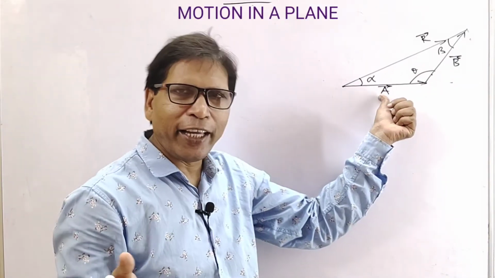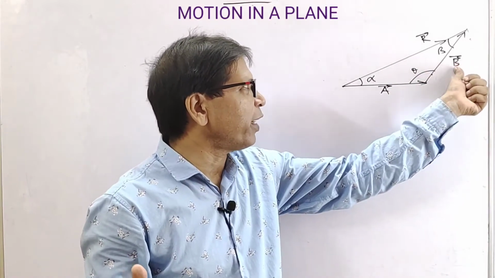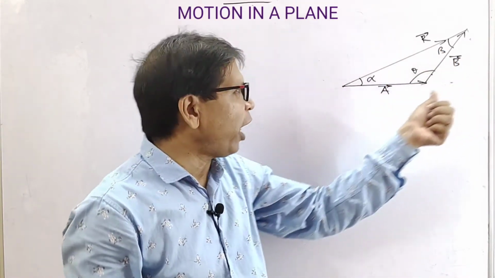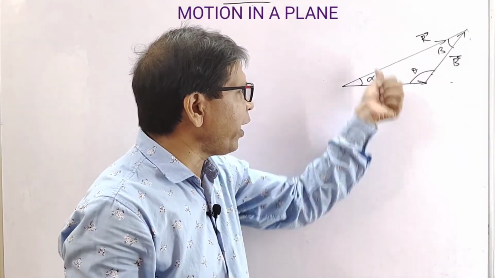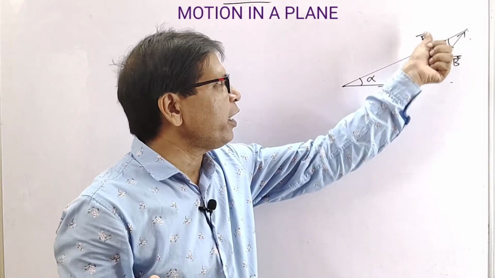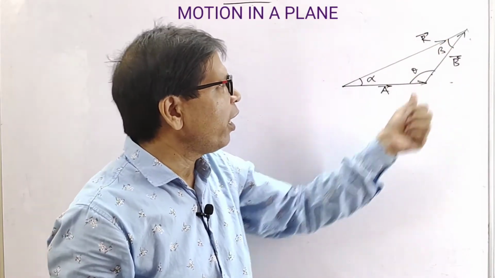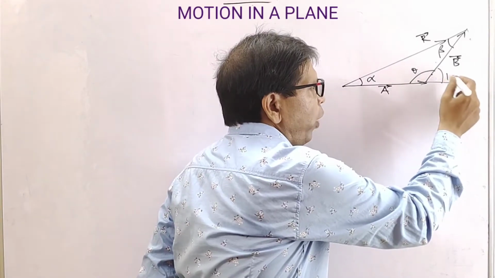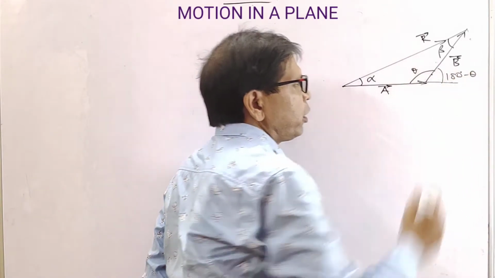Now the sine law of vector. Look at this. This is the A vector and this is the B vector. R is the resultant of A vector and B vector. Now the angle between A and R is alpha. The angle between B and R is beta. Look at this, the angle between A vector and B vector is 180 degree minus theta.